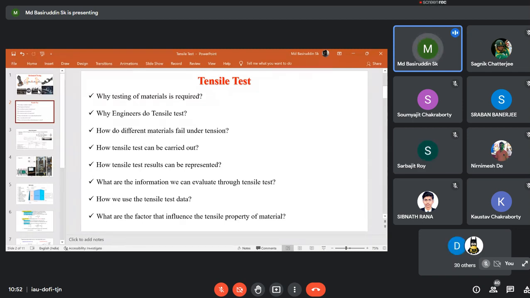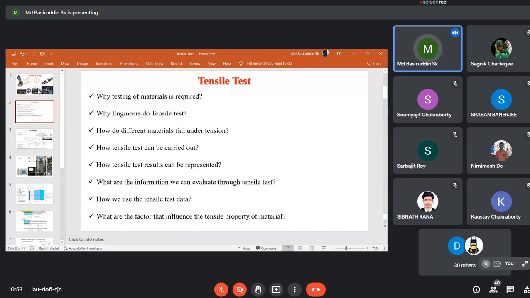So whenever we talk about failure and fracture, you can separate the two things. Here we generally do the tensile test up to fracture, where the elastic deformation part is there, the plastic deformation part is there, and the fracture part is there, where one single piece separates into two or more pieces.